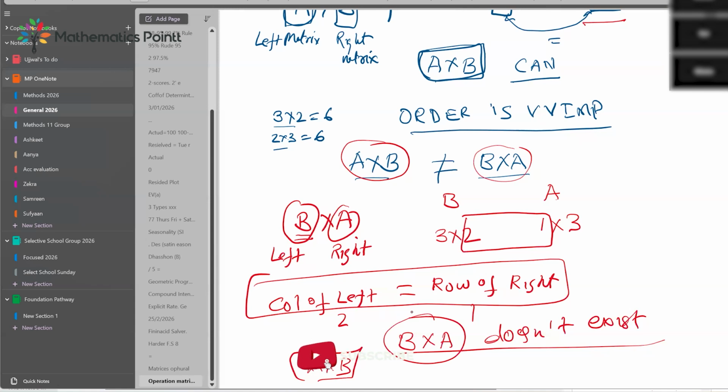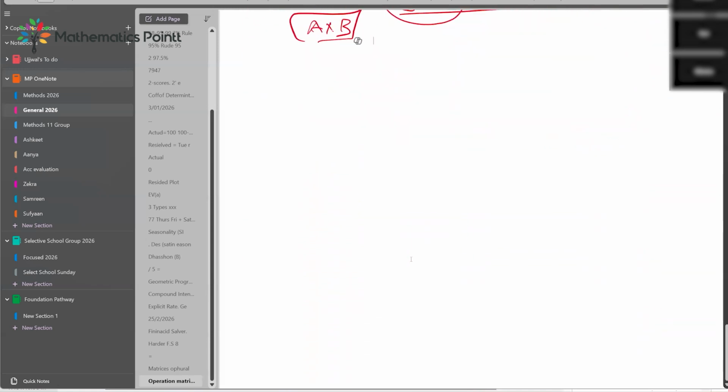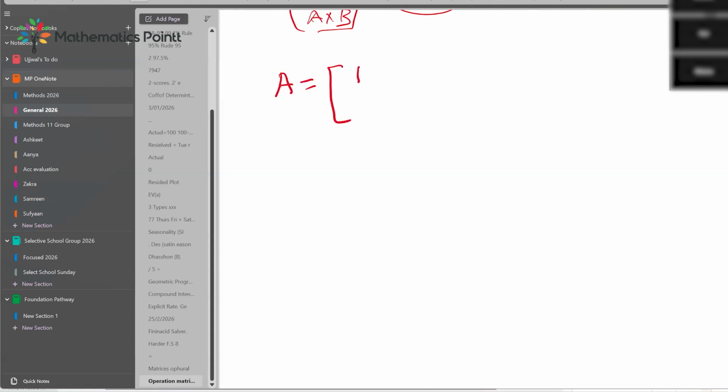Now, having said that, let's try to actually multiply two matrices. I'll take another example, maybe an easier one for you to digest, because matrix multiplication is slightly challenging to digest. Let us say I have a matrix A as 1, 2, 3, and 4, and another matrix B as 0, 1, 0, 2.